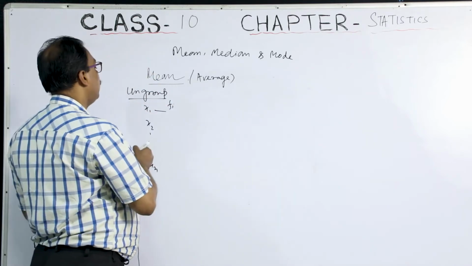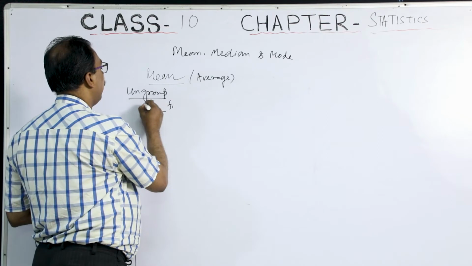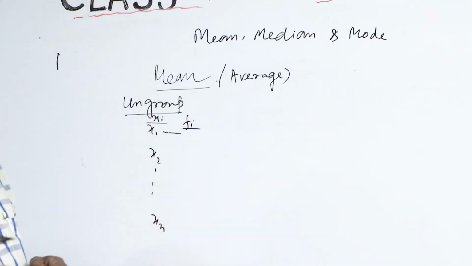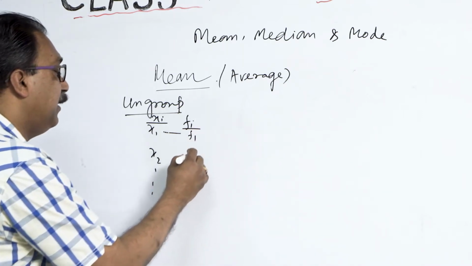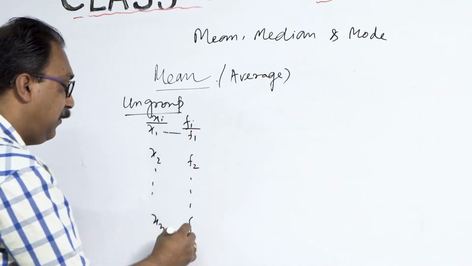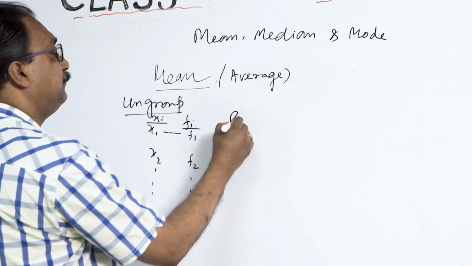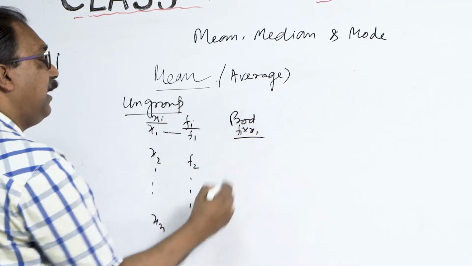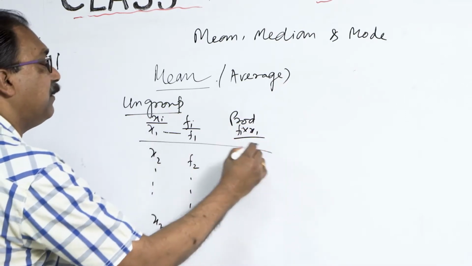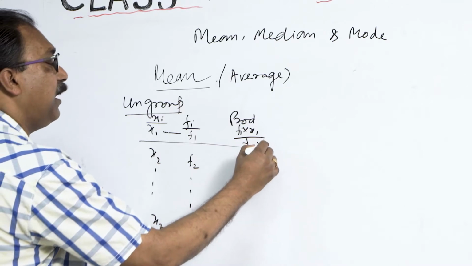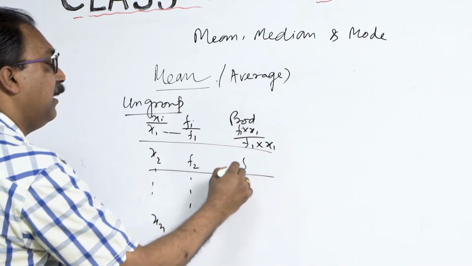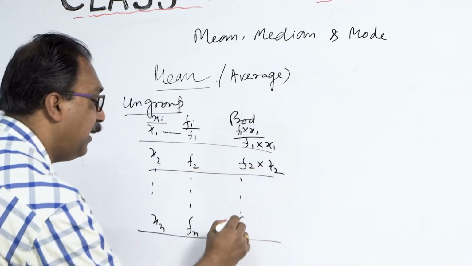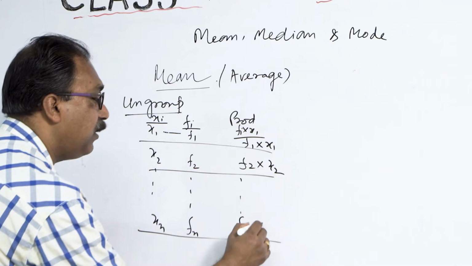So that is f1. Here fi with xi, where i is for information, is the frequency of the information, dealing with numbers. So it is f1, f2, in that way fn, and we have to take the product of these two, like fi into xi. We multiply f1 into x1, f2 into x2, and lastly fn into xn.